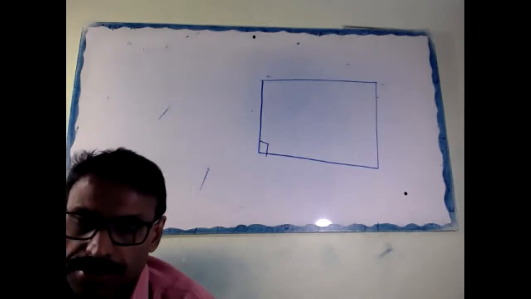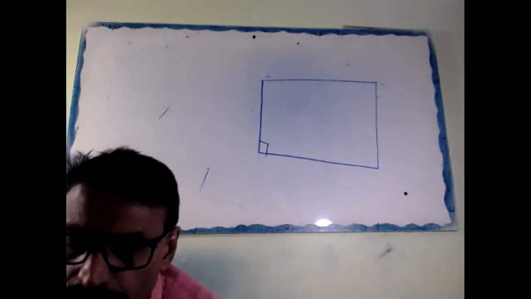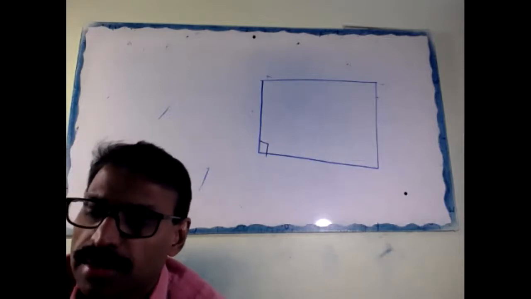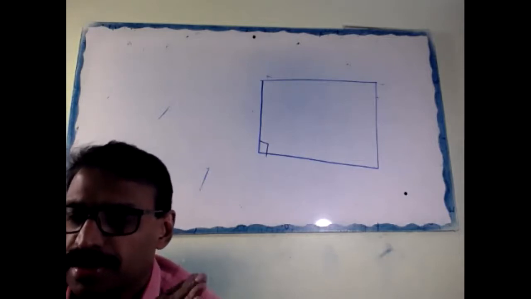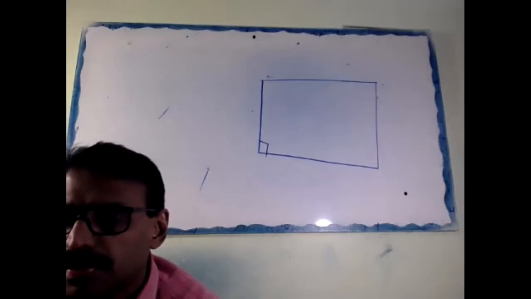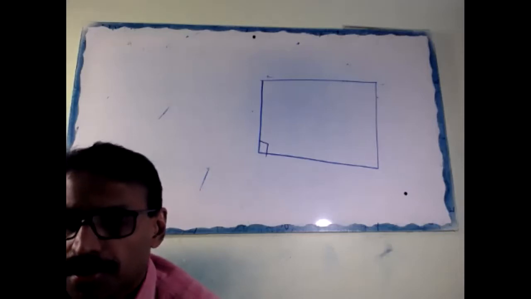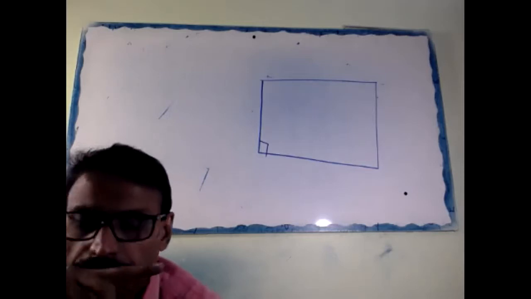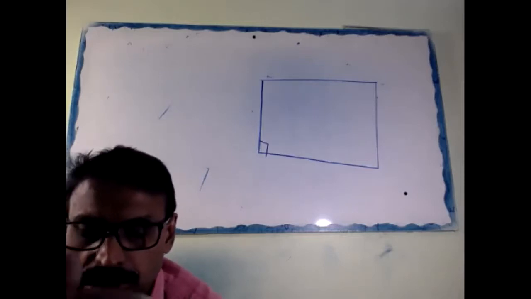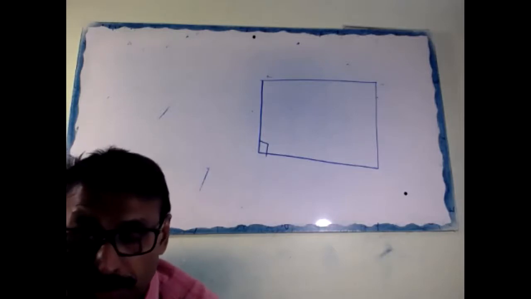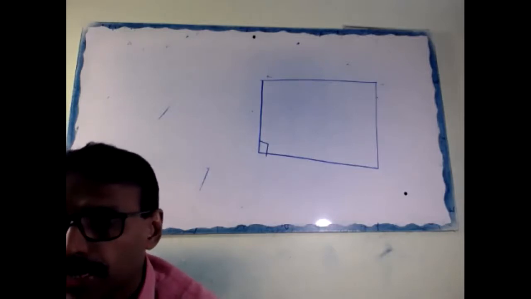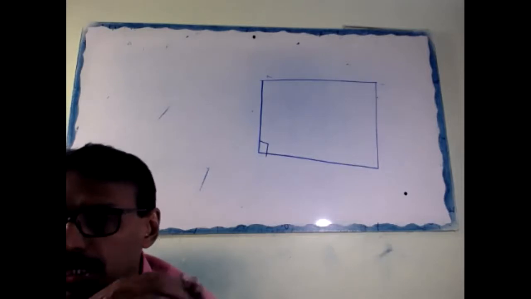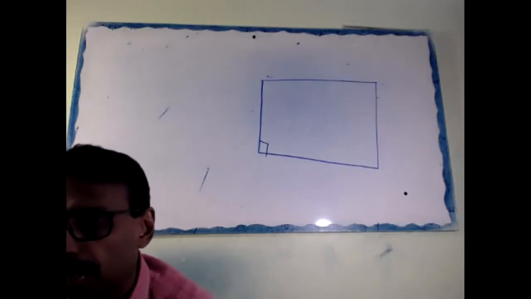Okay, now look here. This rectangle, rhombus, and square are of the parallelogram family only. They are the same family, correct or no? Like cat and tiger, same family. Even lion is also the same family.